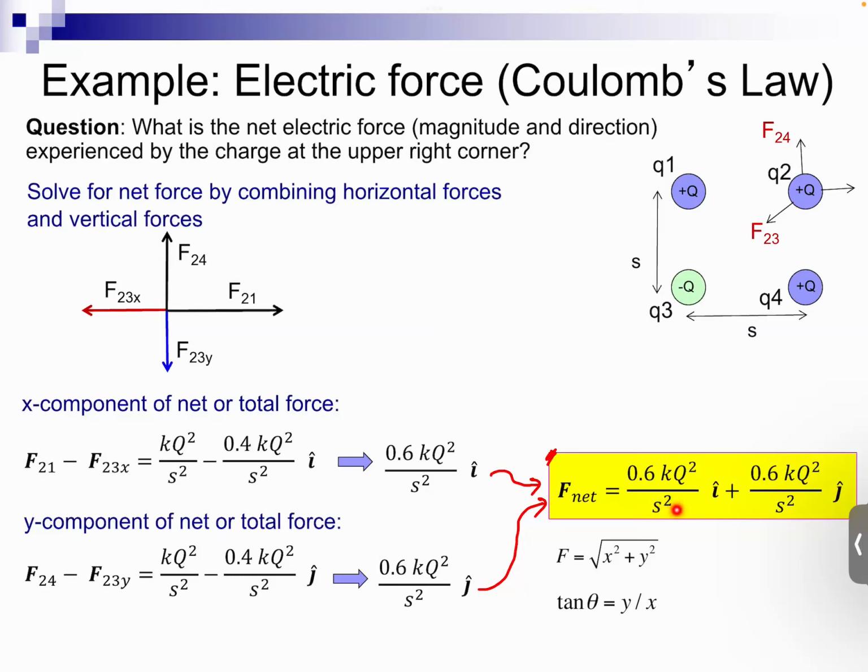Or if you want to get magnitudes and direction, you can use Pythagoras theorem because you know the x component and the y component to get the magnitude of F, and for the direction use the tangent theta function. I will accept this as your final answer, except in the mastery test online assignment, if they specifically ask you to put the magnitude and direction, then you'll have to do this extra step.